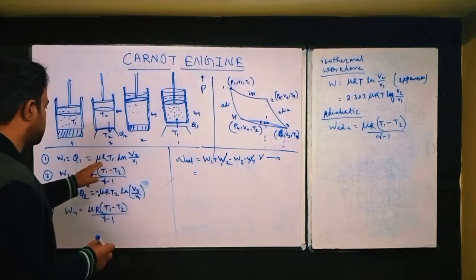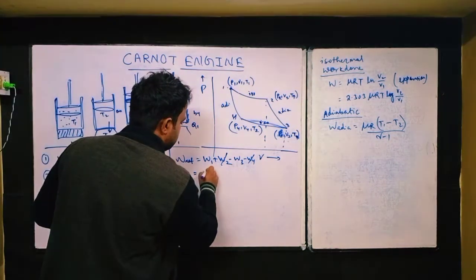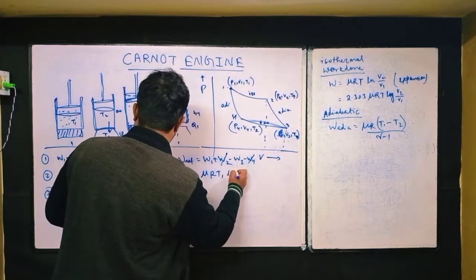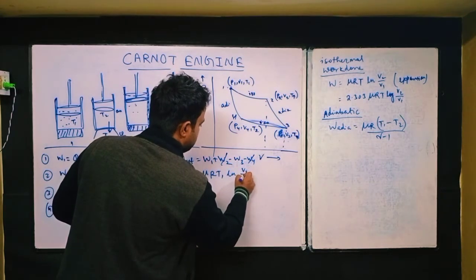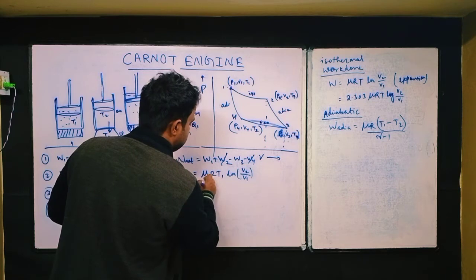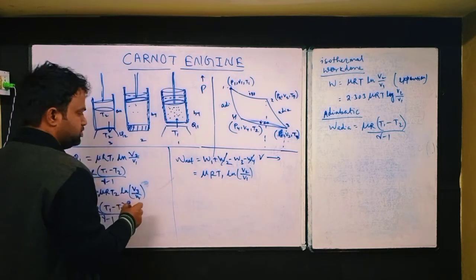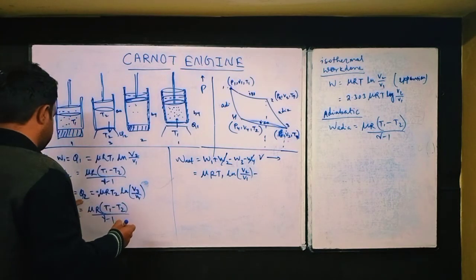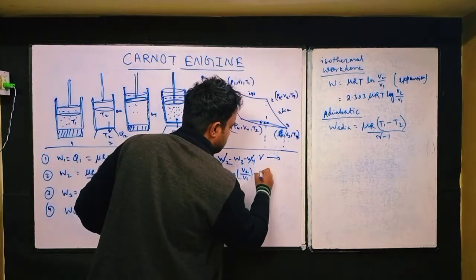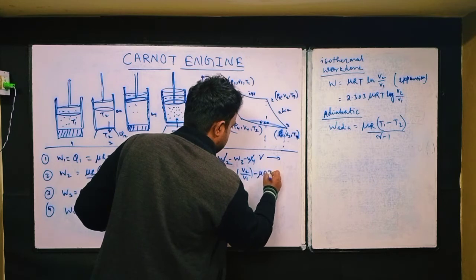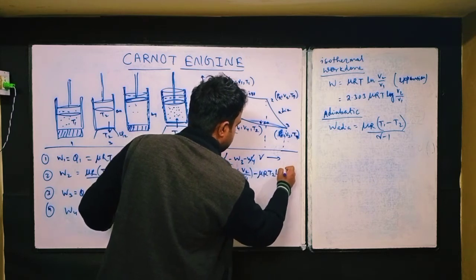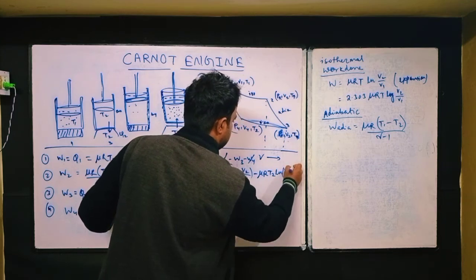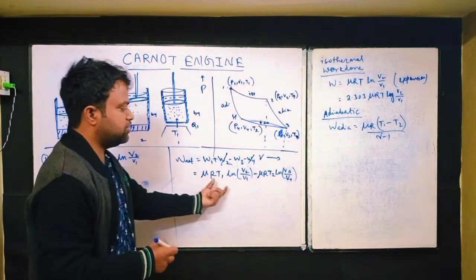W1 is mu r T1 ln V2 by V1, and minus W3 is mu r T2 ln V3 by V4, right? So this is your net work done.